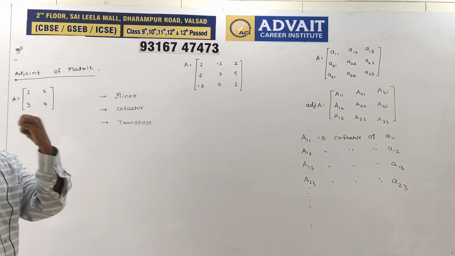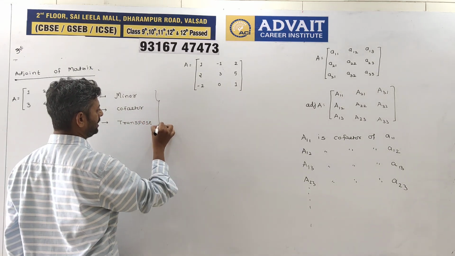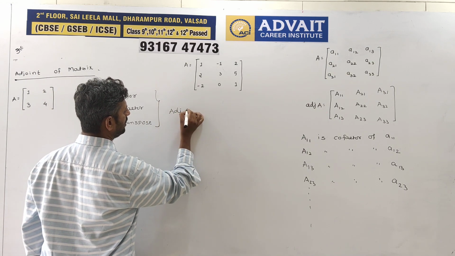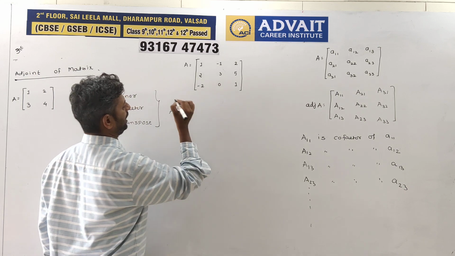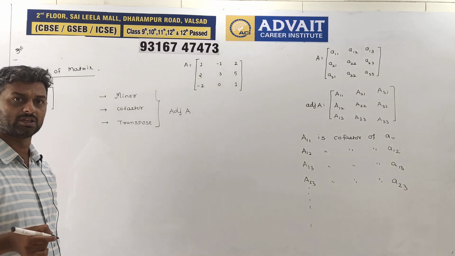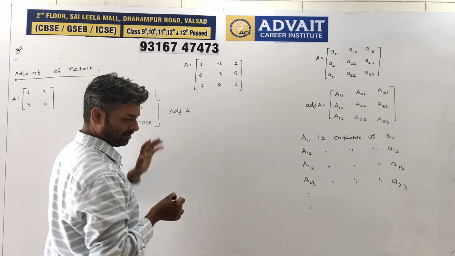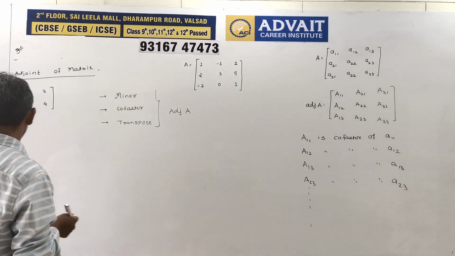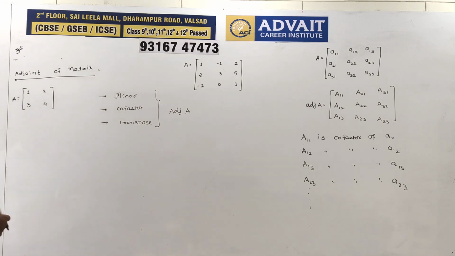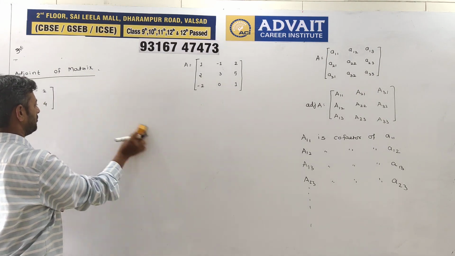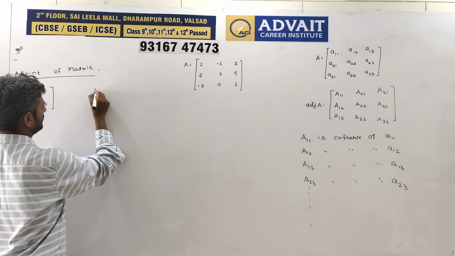Then the matrix you get is the adjoint of A. Okay? Now, first I am going to find the minor, then convert it into the cofactor and then take the transpose. First the minor.